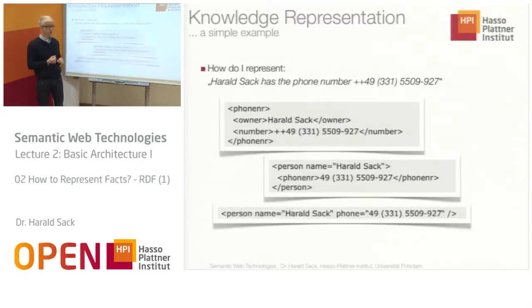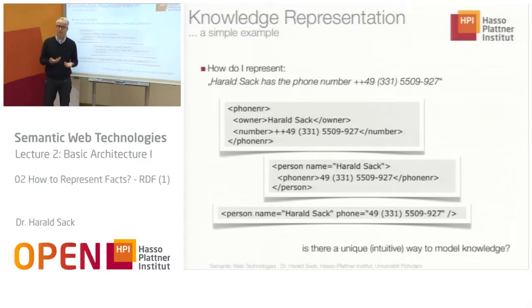You can make it even shorter. You can define a person with two attributes, with a name and with a phone number. The problem is all this denotes the same, but how to decide that really the same information is inside this semi-structured information? So the question is, is there a unique and intuitive way to model knowledge?